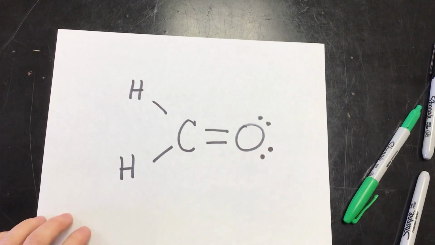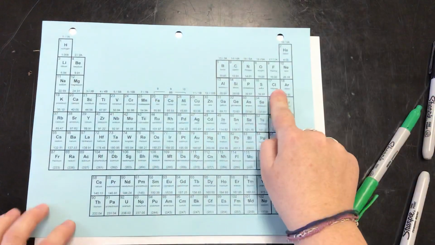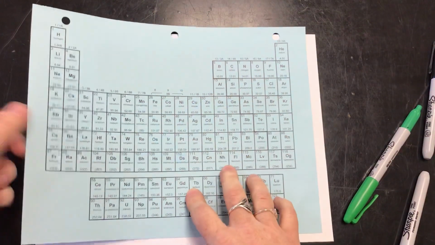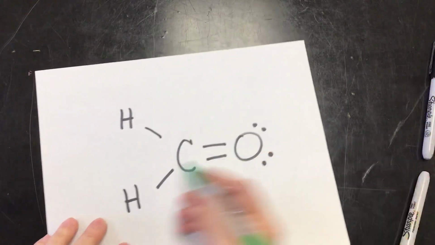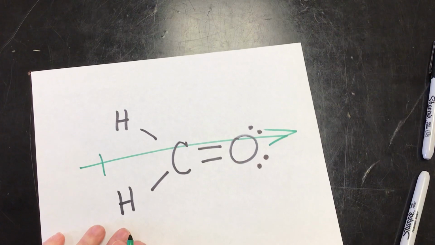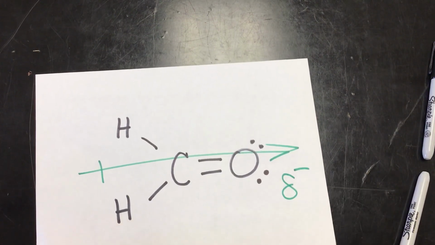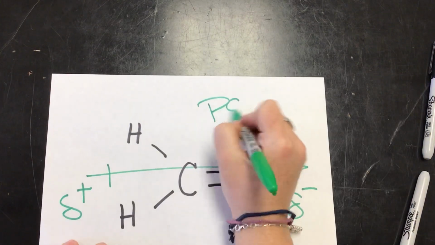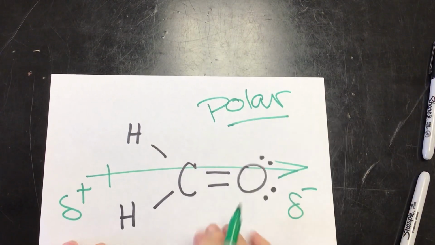Oxygen is the most electronegative because when we take a look at our periodic table, it is further to the right than the carbon and also than the hydrogen. So it is a polar molecule and everything wants to go toward that oxygen. So we draw our dipole that direction. This side becomes partially negative, this side is partially positive, and this is polar.